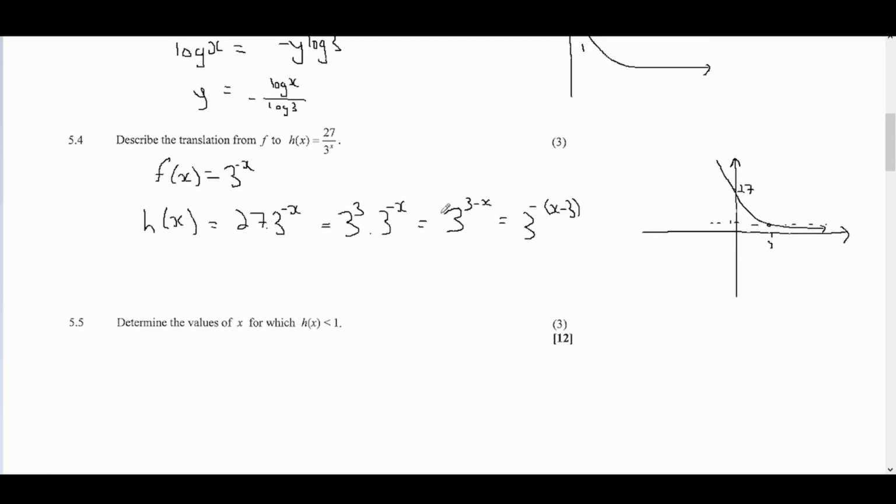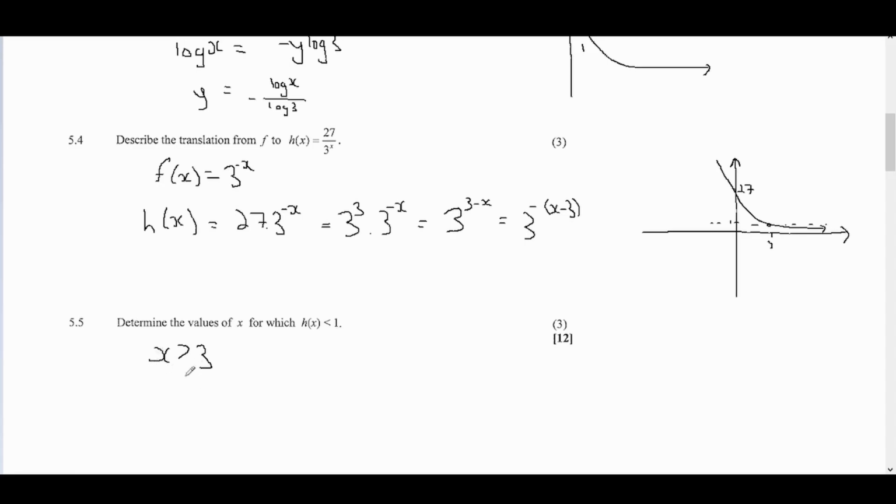So it's going to be where x is, and you can see it exists on the right hand side, so it's greater than 3.